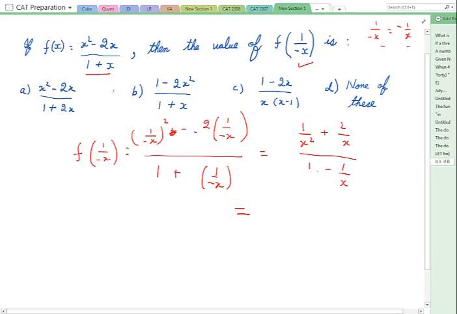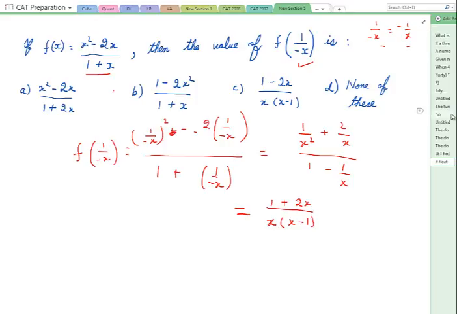And if you simplify further, this x will cancel. You get the numerator of 1 plus 2x. The denominator will be x and x minus 1. And so the answer would be none of these.